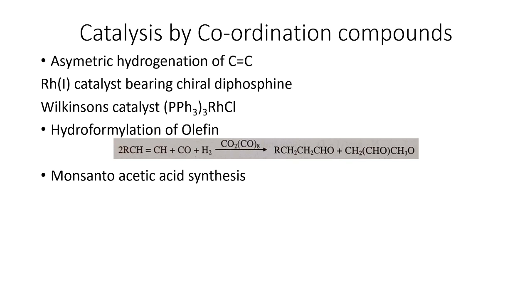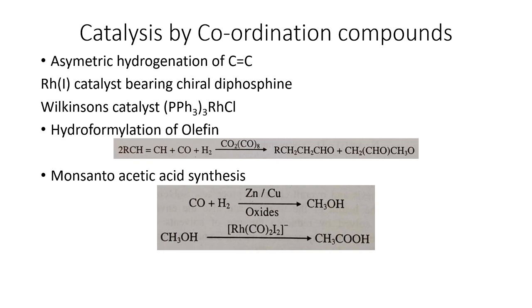Then Monsanto acetic acid synthesis. In this Monsanto synthesis, methanol is obtained by catalytic conversion of synthesis gas to methanol, and in the presence of a rhodium complex, methanol is converted to acetic acid. So that is called the Monsanto process, where a coordination compound is used as a catalyst.